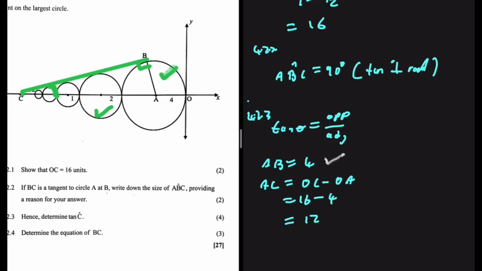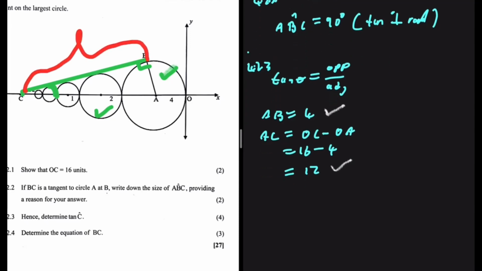AB is our opposite, AC is our hypotenuse. We need to find BC, our adjacent. Let's go ahead and do that. We can say that AC squared is equal to AB squared plus BC squared. AC is 12 squared, being equal to AB, 4 squared, plus BC squared.